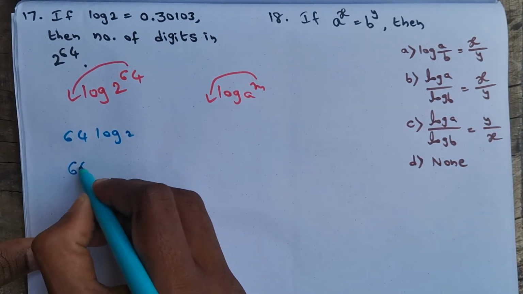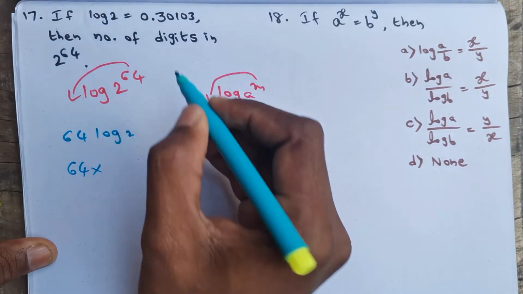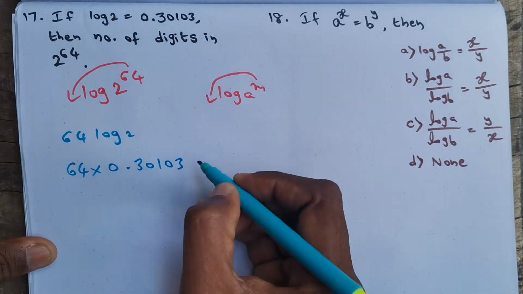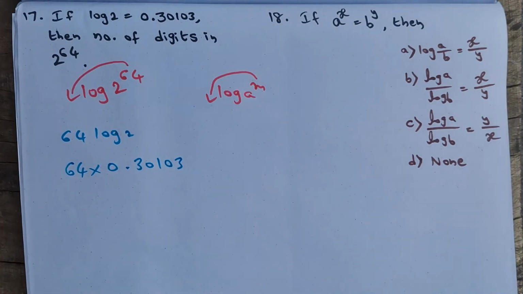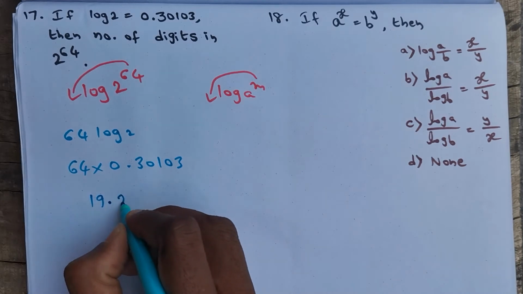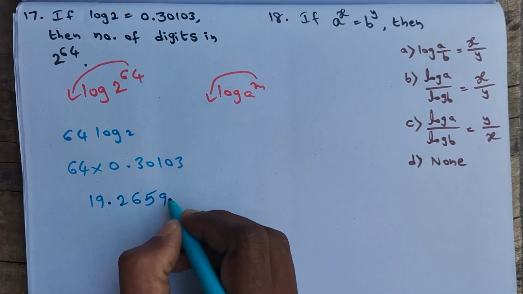So 64 into log 2 value is given as 0.30103. So simply multiply this 64 into 0.30103. We will get it as 19.26592.